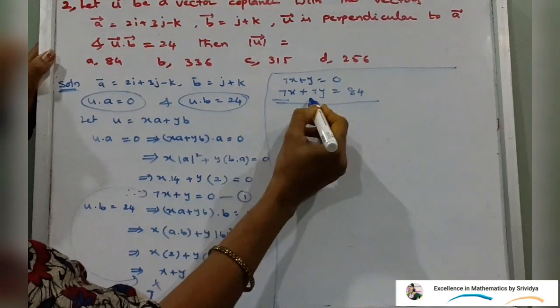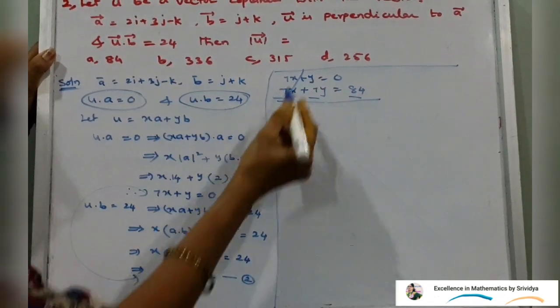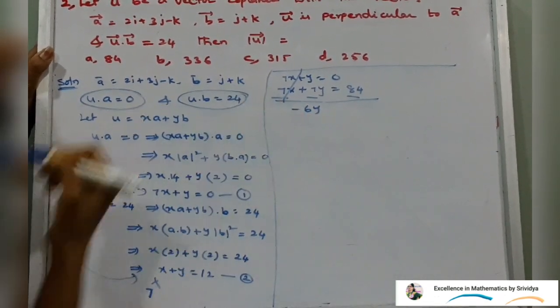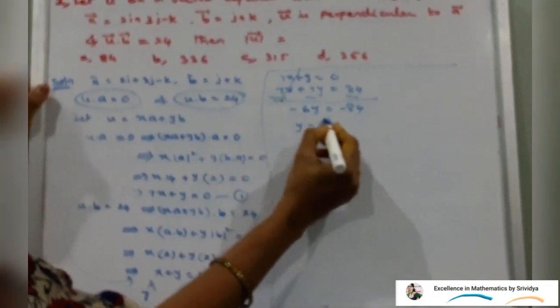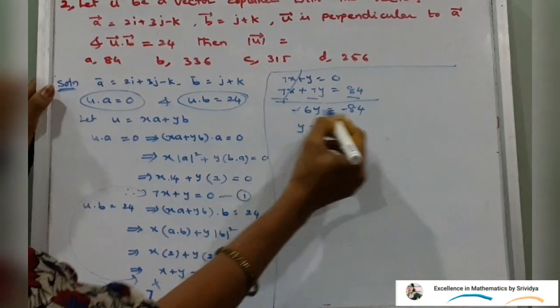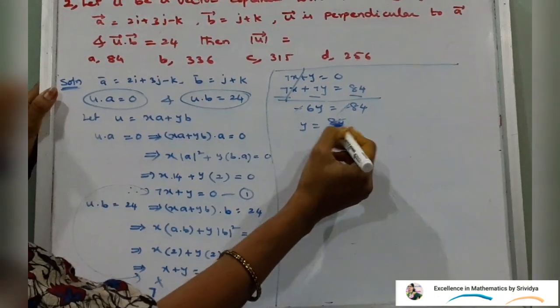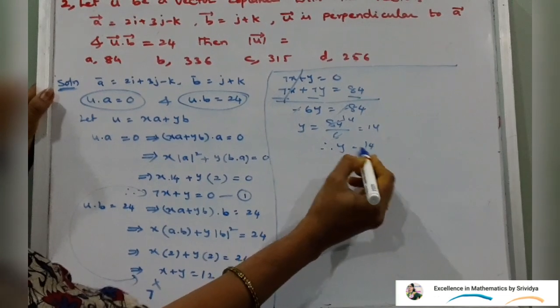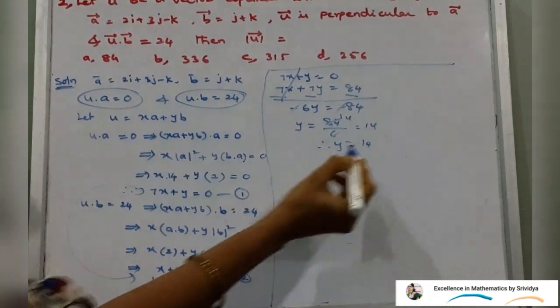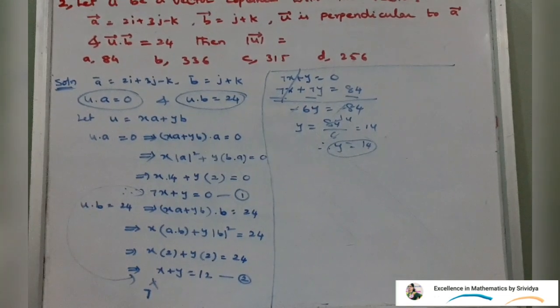We have to subtract: y minus 7y, minus 6y, is equal to minus 84. Then y is equal to 84 by 6, minus gets cancelled. 6 ones are 6, 6 fours are 24, which gives 14. Therefore y is equal to 14.